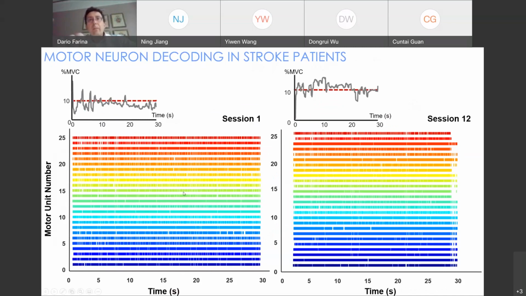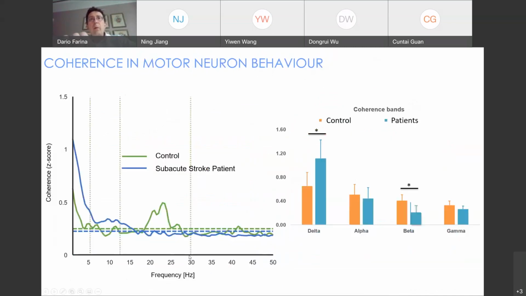And if we look at the spectral components of motor neuron activity before the intervention, we see a very clear characteristic of stroke patients, which is a massive decrease in the beta oscillation at the spinal motor neuron level with respect to control subjects. And this decrease is due to an impairment in the corticospinal tract.